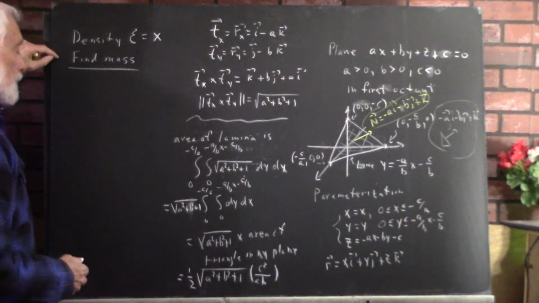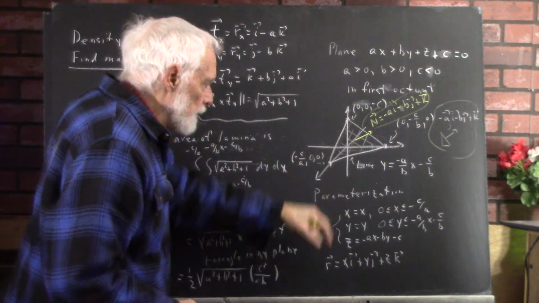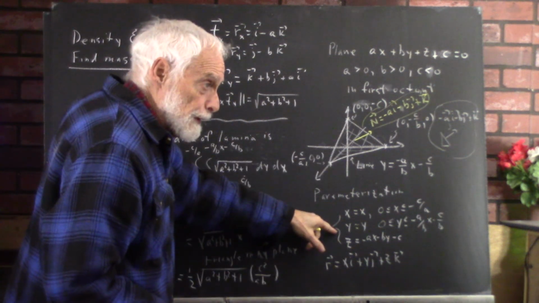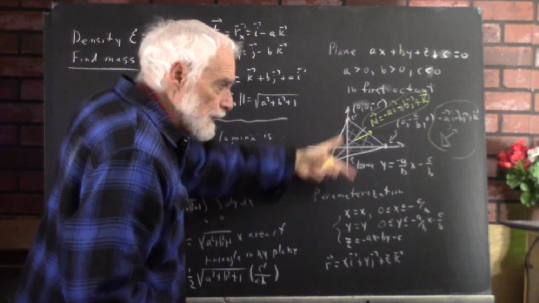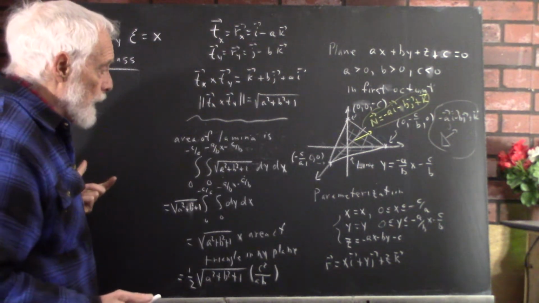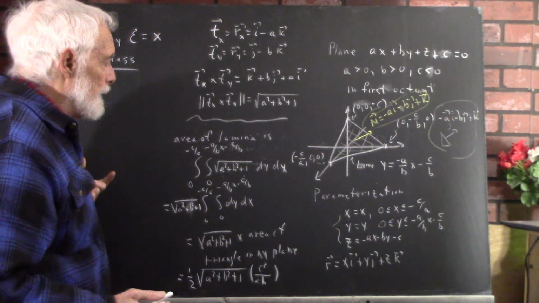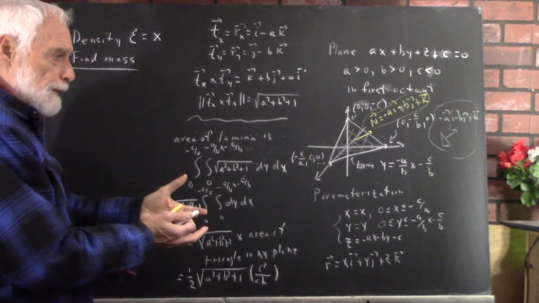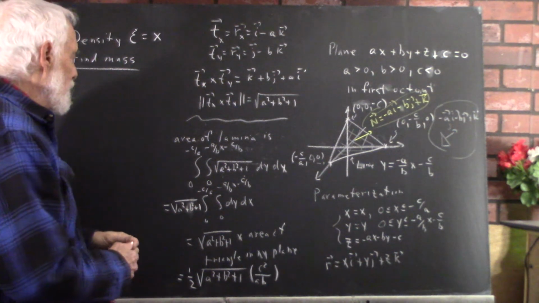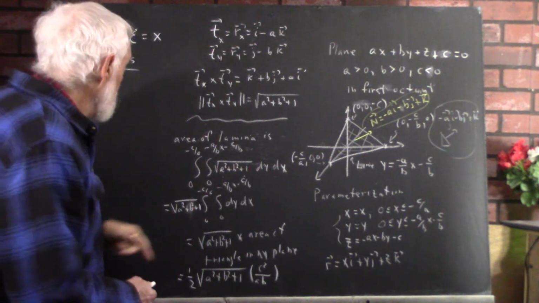Okay, well, you want to find the mass. So if you consider a typical area increment in your parameter space, which corresponds to an area on the plane in the real space, you're going to multiply the area of that region by the density. Well, this is the area of the region. You multiply it by the density.